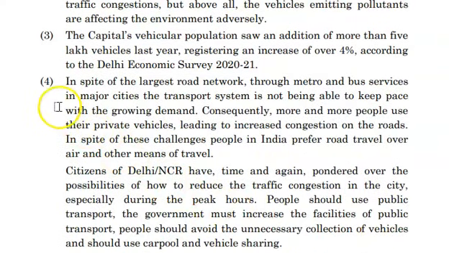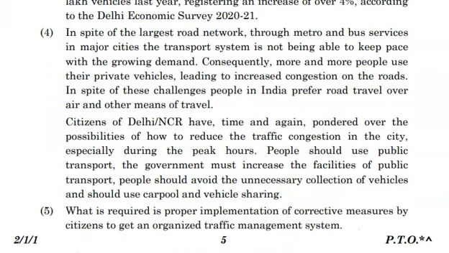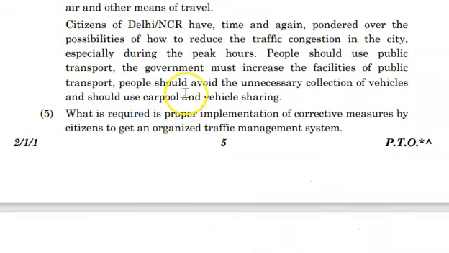Paragraph number 4 is talking about the causes of traffic congestion and what corrective measures can be taken. The last paragraph is talking about what corrective measures need to be taken for proper implementation and an organized traffic system.